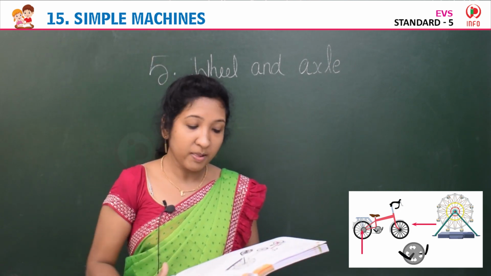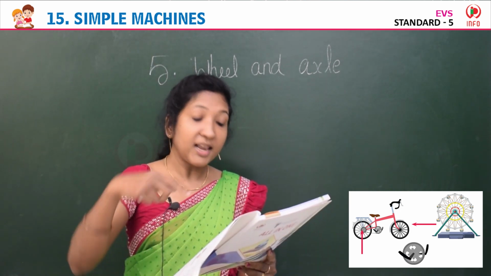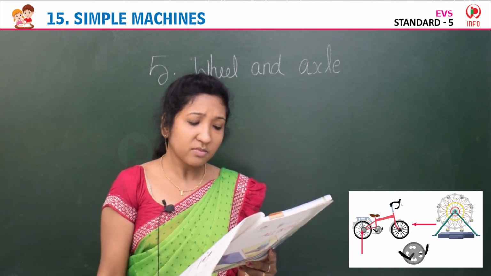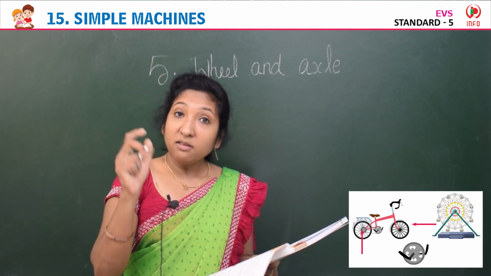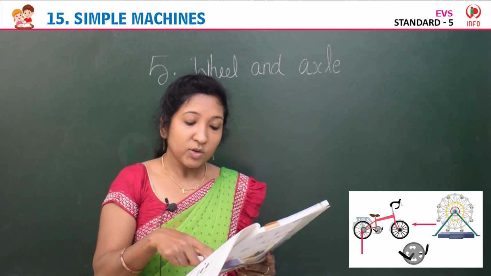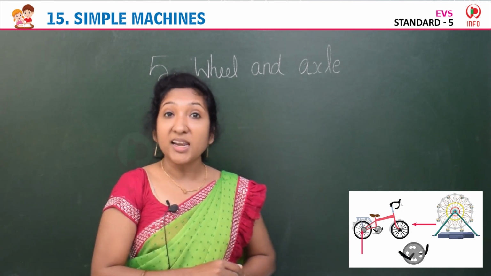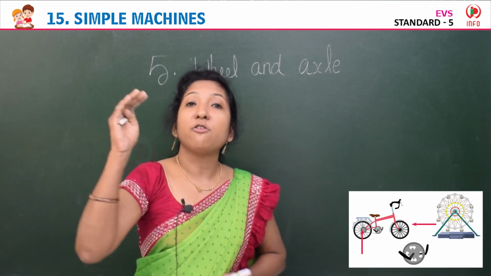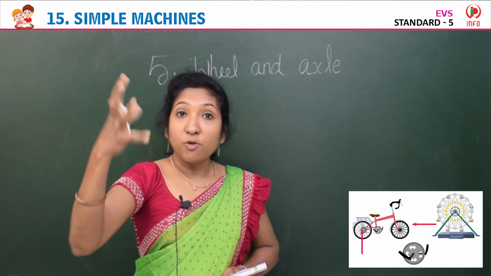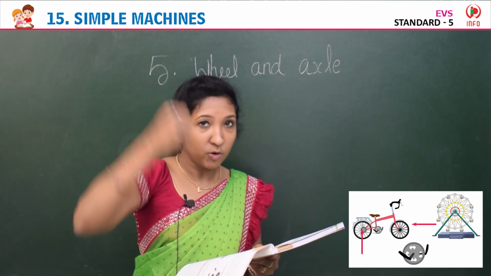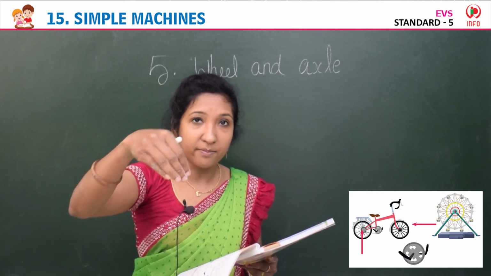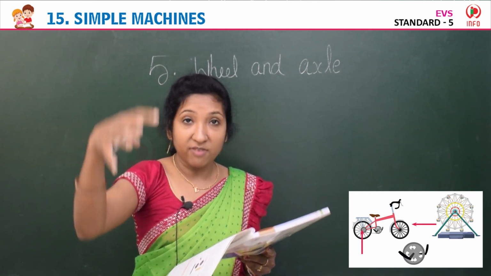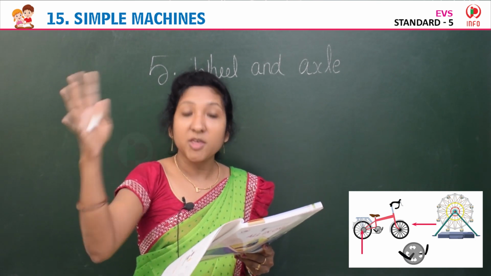So you can turn the large wheel easily by applying less force. So you can use a wheel to create a mechanical advantage. Mechanical advantage, children, is the performance of a machine: how much force is produced compared to the force you apply. That is called mechanical advantage.